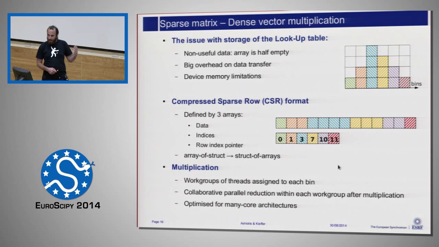One is data, where the contribution is kept. One is indices, where the correspondence to the appropriate pixel on the image is kept, and the row index pointer, which points to the start of each bin in the other 2 arrays.